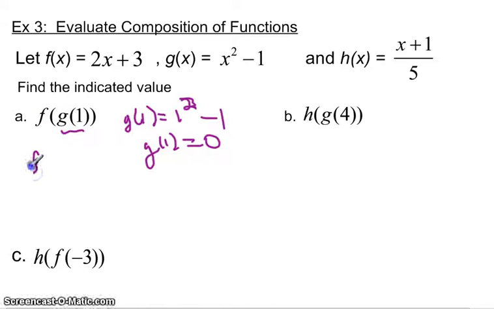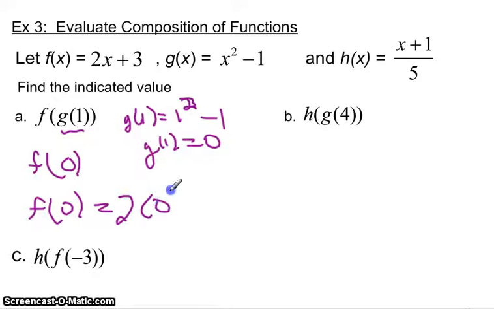So this is now f of 0. Then I'm going to look at the f of x function and replace the x's with 0. So f of 0 is equal to 2 times 0 plus 3. If I evaluate that, I get 0 plus 3. So f of 0 is equal to 3.